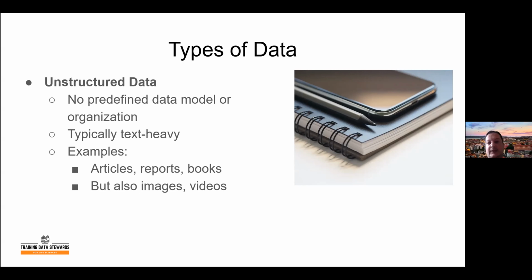Okay, so this is data that does not abide by any predefined data model. It does not have an organization in terms that you do not know what the elements of the data are and what are their characteristics, just looking at the data. And this means it's typically text-heavy data.